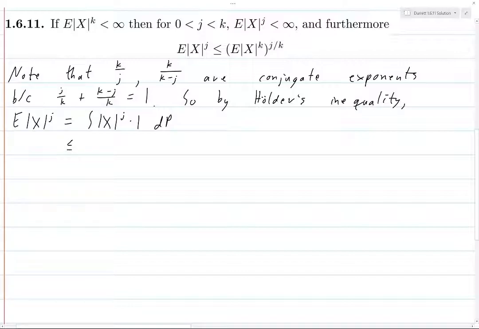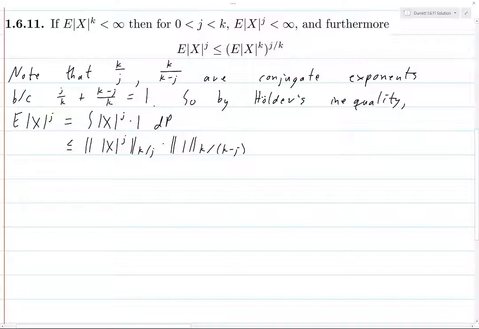So this is going to be less than or equal to, we take x to the j and we take its k over j norm. Now we multiply by the second function, which is 1, and we'll take the k over k minus j norm.